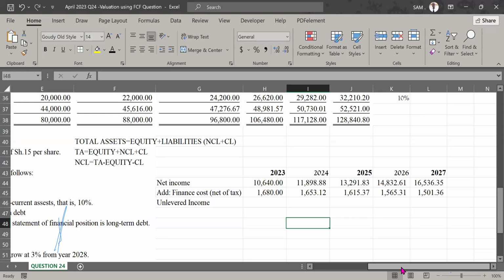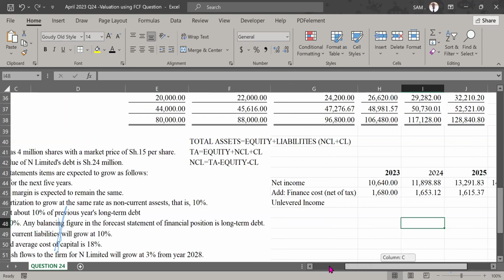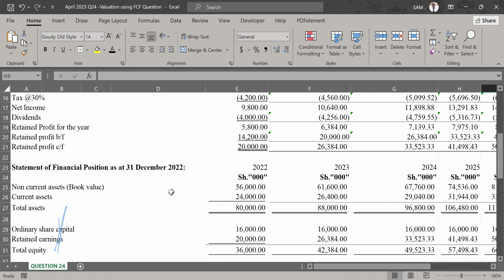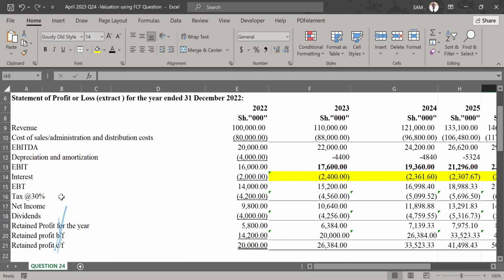Now, if we don't, when doing our statement of profit or loss, let me go back there and show you. Statement of profit or loss here. Now, we deducted interest before we charged tax. Why?